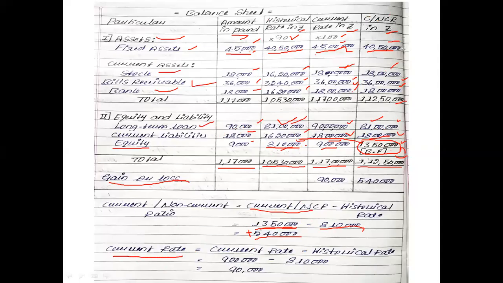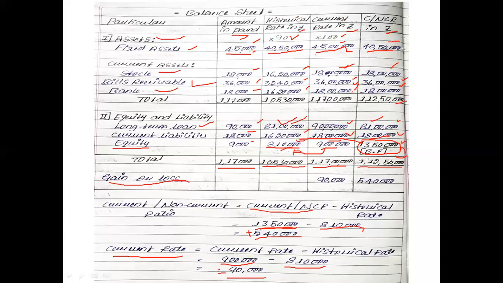The next is the gain or loss at the current rate. Here we compare the equity value at the current rate with the equity value at the historical rate. That means the current rate, 9 lakh, minus the equity value at the historical rate, 8 lakh 10,000, is 90,000.